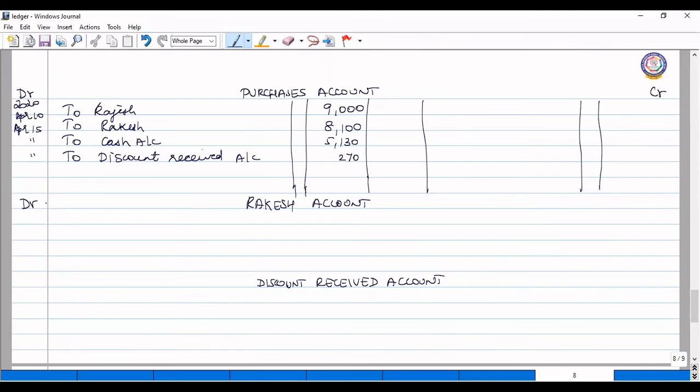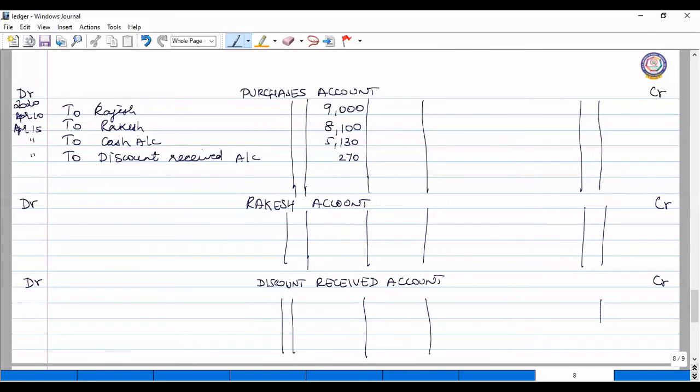Right? Debit, credit, here also debit and credit. This is for date and here amount, journal folio. Date and particulars, we already have columns, right? Now we will post the respective entry.